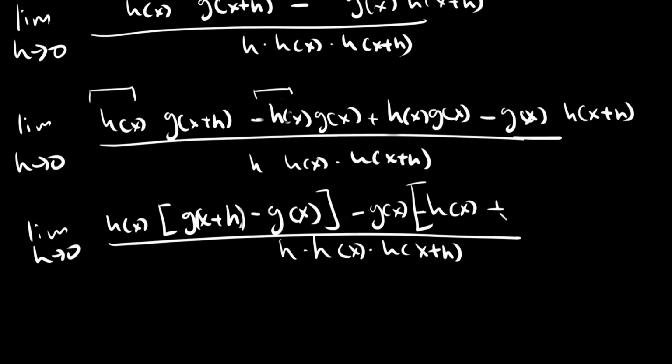It's going to be negative, and it's going to be plus h of x plus h. So you see, the reason I factor g of x minus g of x is to have my h of x plus h become positive and my h of x become negative, in order to get something like this.